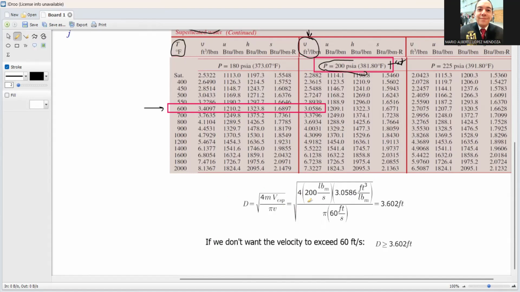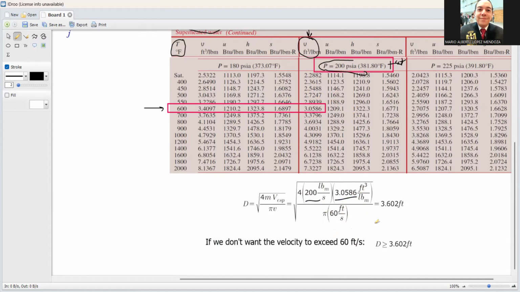We know that the mass flow rate is 200 pounds mass per second. We have looked up the specific volume for the steam, 3.0586 cubic feet per pound mass, the value of pi, and the velocity that we have supposed, that is 60 feet per second.